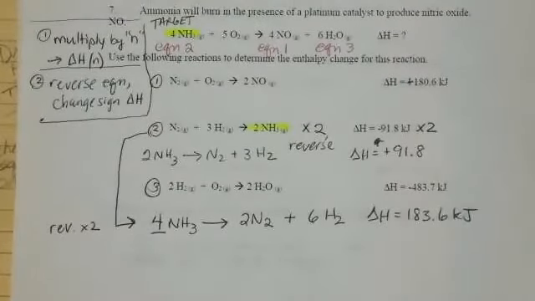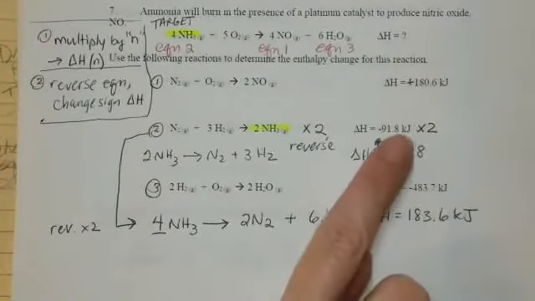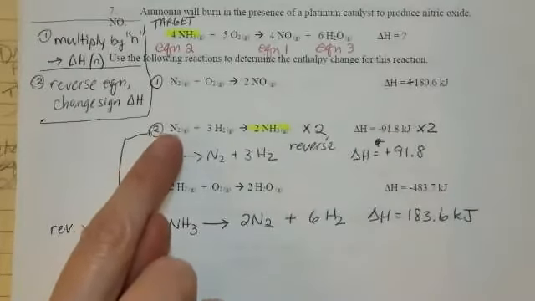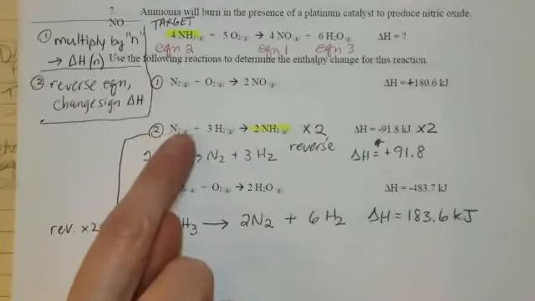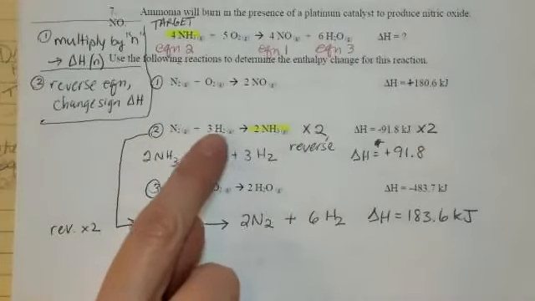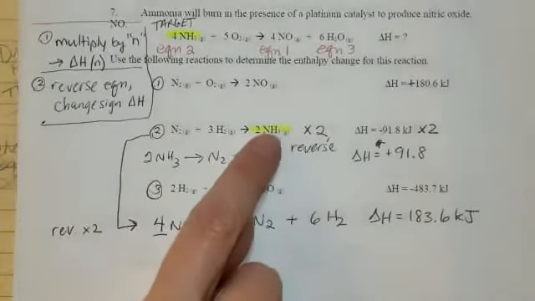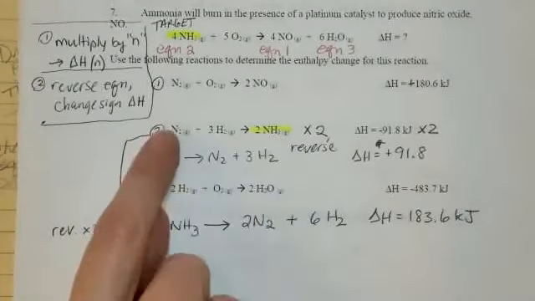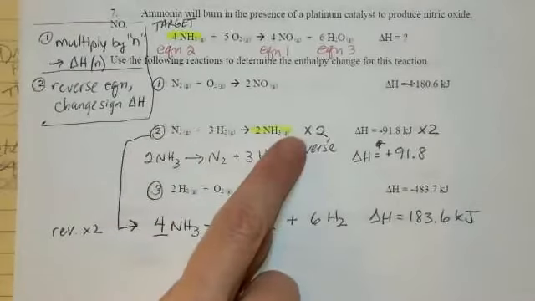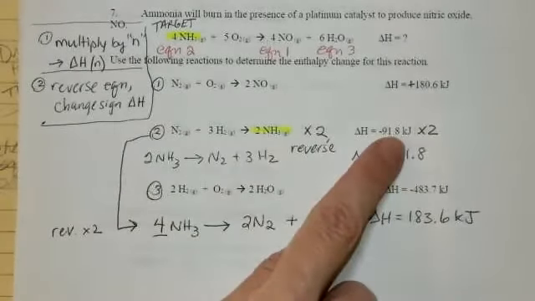And why does that work, right? I remember when I first started learning this, I was like, how is it that simple? And what we're going to see when we get to the heats of formation is that when we get these delta H values, it's because we're looking at nitrogen bonds being broken, hydrogen bonds being broken, and then forming nitrogen-hydrogen bonds. And overall, all of that together releases 91.8 kilojoules.